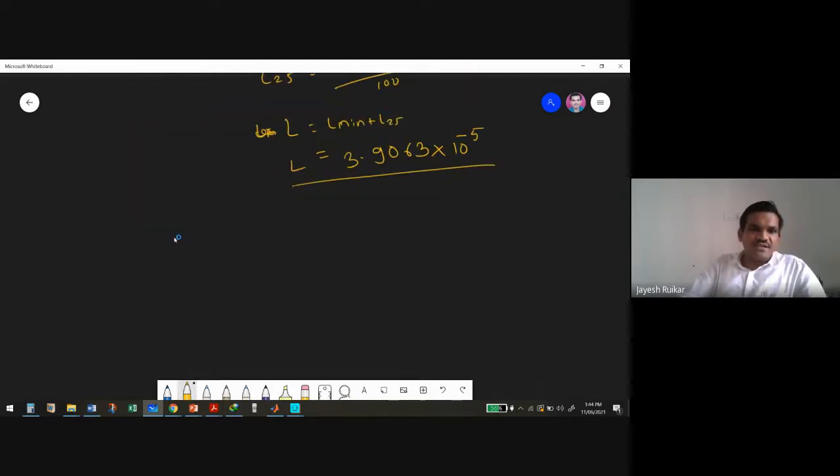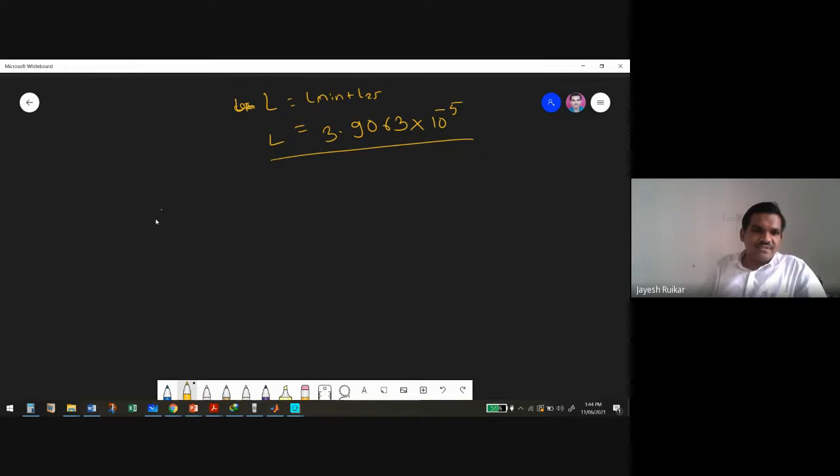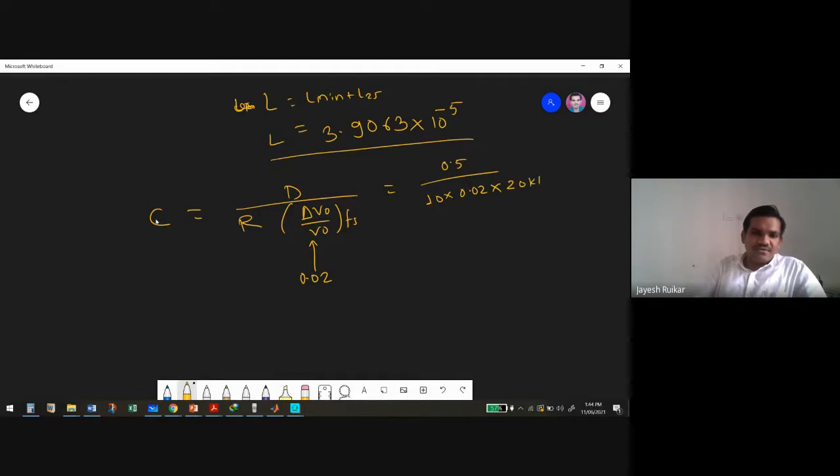And yes, of course we can consider the calculation of the capacitor value. Its formula is D divided by R multiplied by your ripple multiplied by your switching frequency. The ripple we can consider as 2%, that is 0.02. So what is the D value? D value is 0.5 divided by R value of 10, multiplied by 0.02, multiplied by your switching frequency of 20 kilohertz.